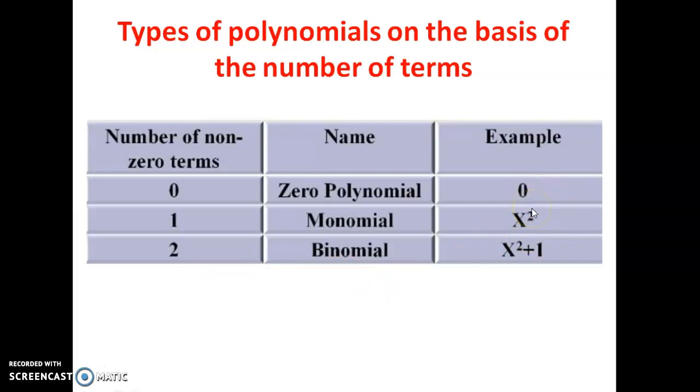Simply 0. x square is alone, it's one term, so it is a monomial. Then x square plus 1 has two terms, so it is a binomial. Suppose x square plus x plus 1, then three terms are there in the expression, and it is called a trinomial.